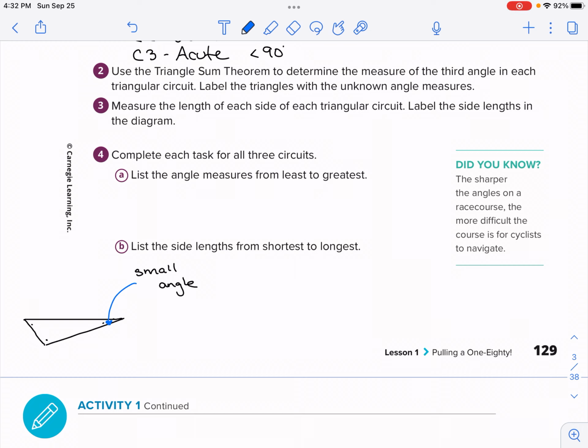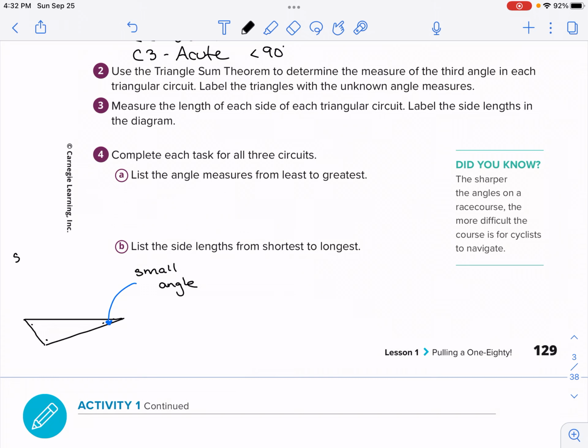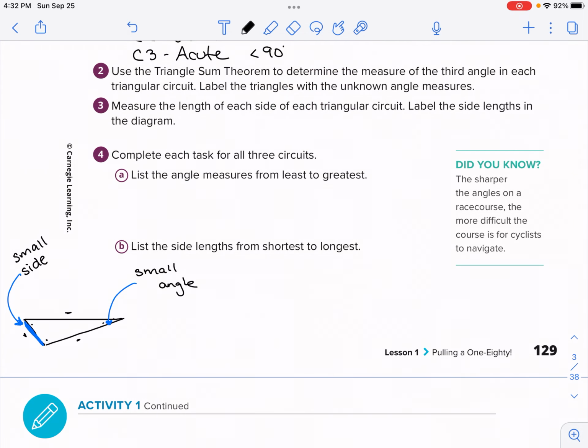Now, outside of that, which one is the smallest side? Is it this side, or this side? The smallest side is right here. And then finally, let's also note which one is the biggest.